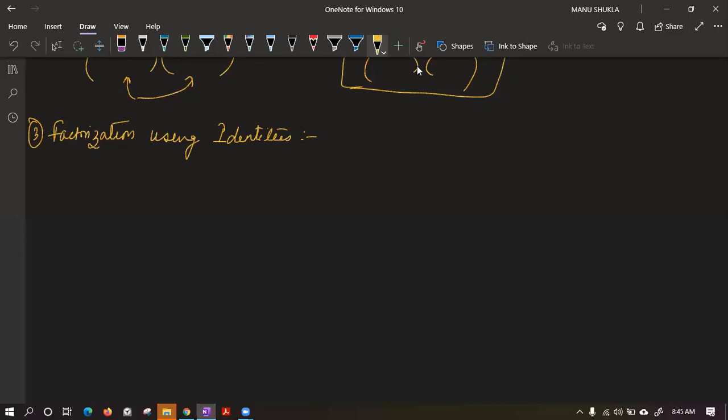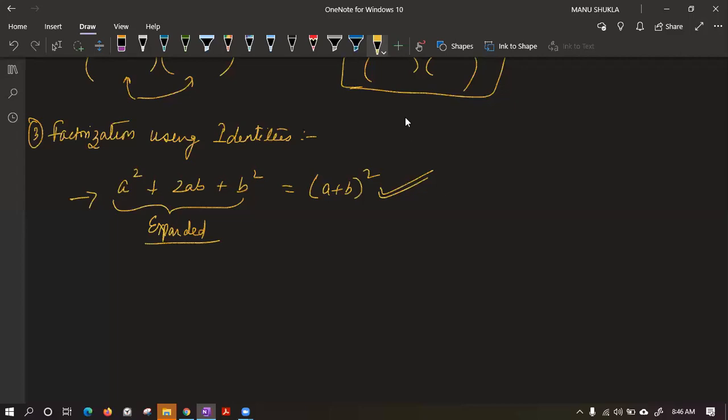Now we have seen four identities, if you remember. So class, if you have this expression in front of you, what can you write as the factorized form for this? This is the expanded form, and luckily we have seen this as an identity, a plus b whole square. So if this sort of question comes in front of you, you can directly say the answer is this one.